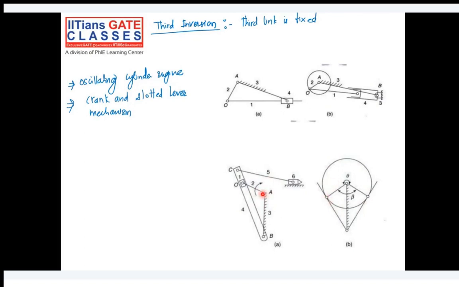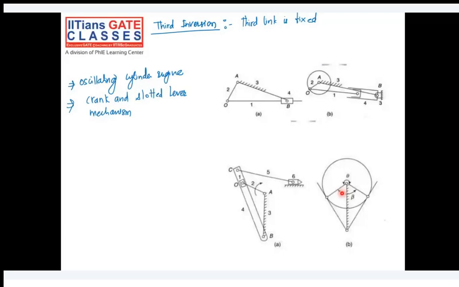Another example of this inversion is the oscillating cylinder engine. The figure B here shows the oscillating cylinder engine. Link 2 and 1 as it is. So at the end of link 1, we have connected the piston.